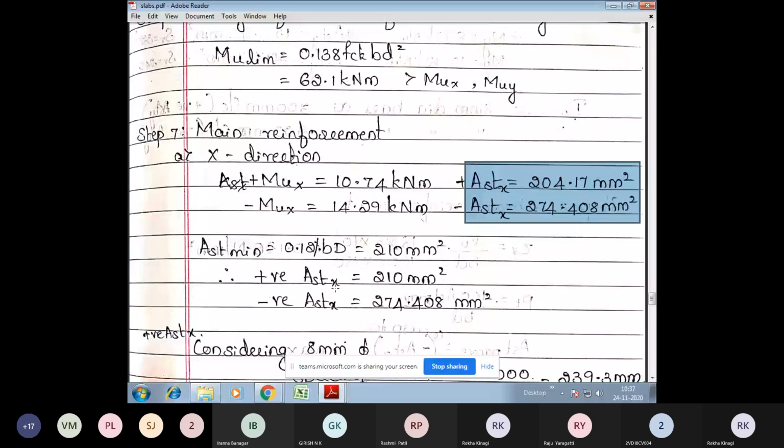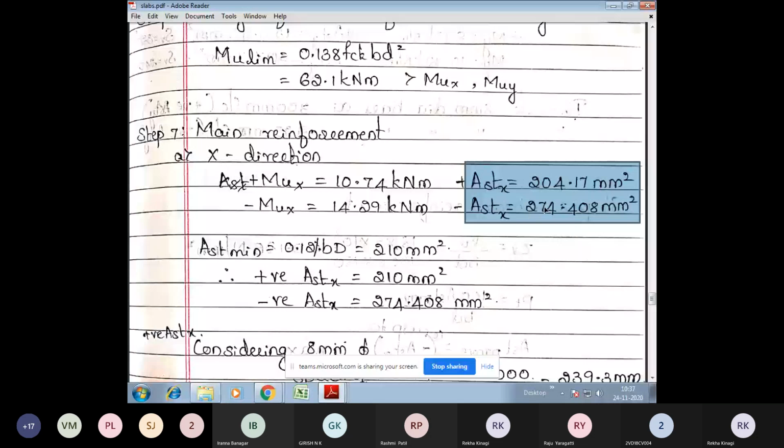So if the Ast minimum value is more than Ast calculated, then the Ast minimum value will be used in the design. Otherwise, the calculated value will be used. So hence, here the relation is being shown, and positive Astx will be Ast minimum because Astx calculated is less than Ast minimum, and negative Astx is the same as the calculated value.